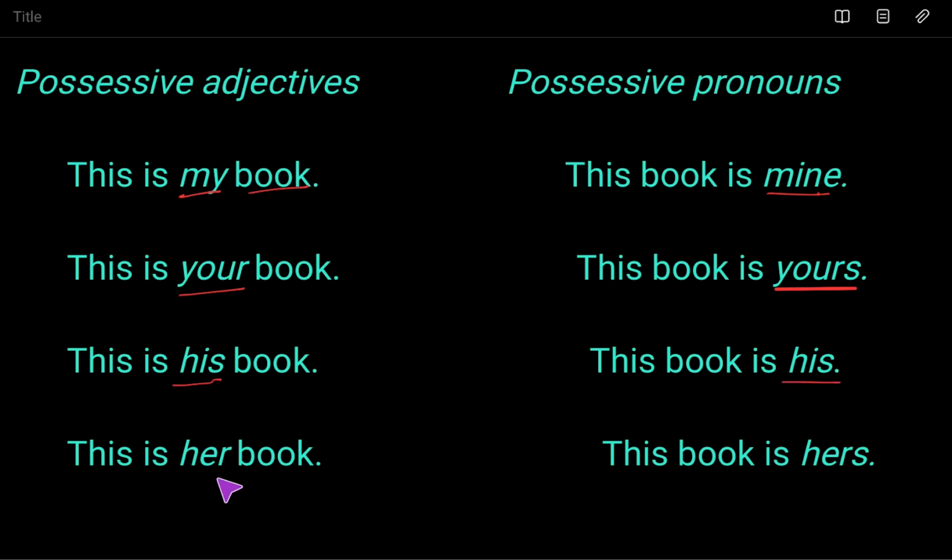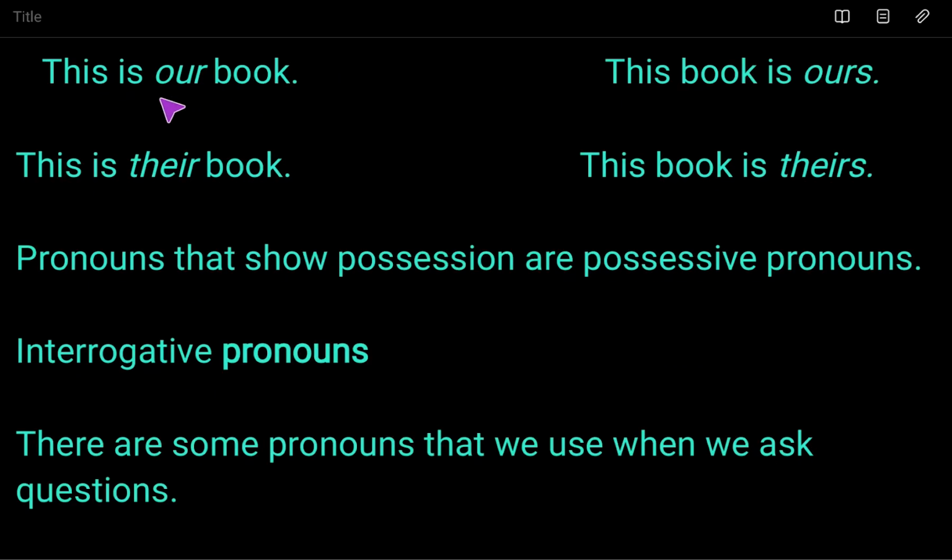This is her book. Here, her is a possessive adjective because it has described the book. This book is hers. Here, hers is a possessive pronoun because it is used here in place of this book. This is our book. Here, our has described book. That's why possessive adjective. This book is ours. Here, ours is used in place of this book. That's why this is a possessive pronoun.